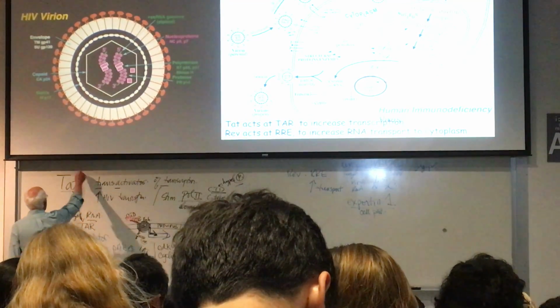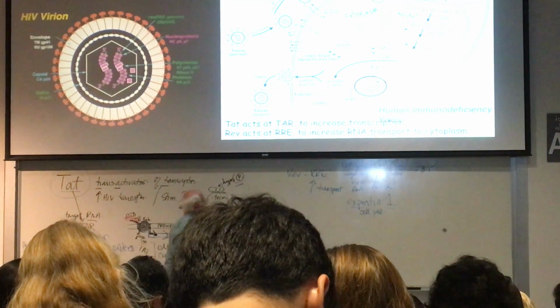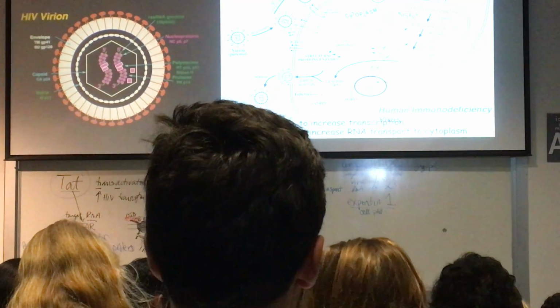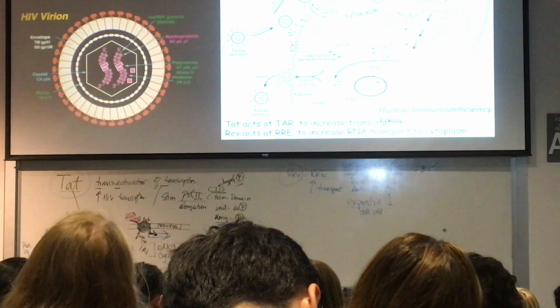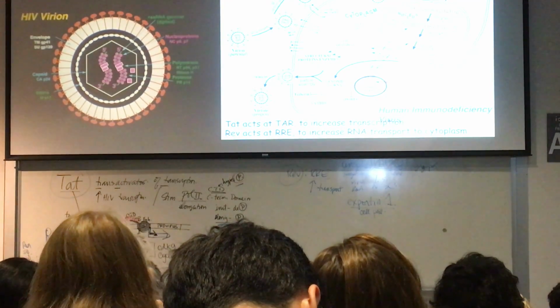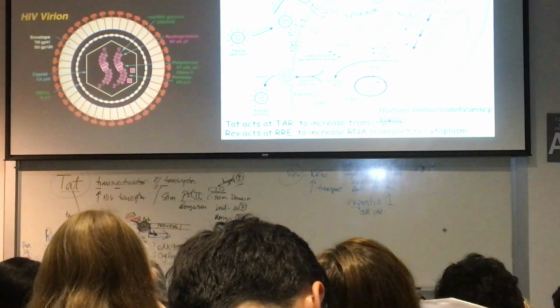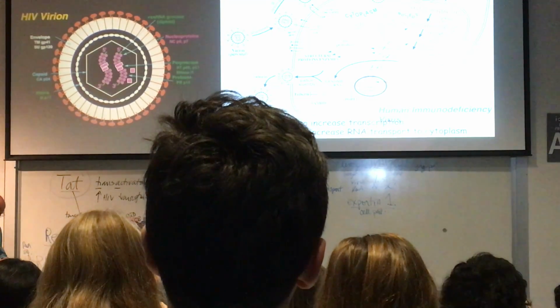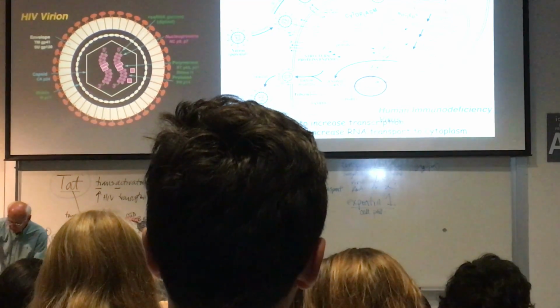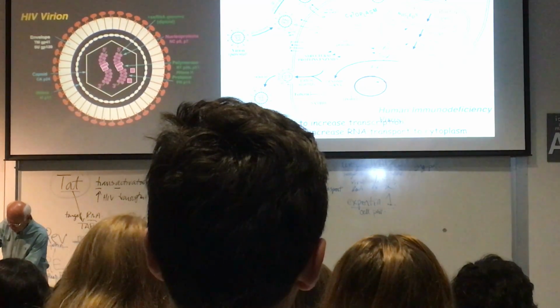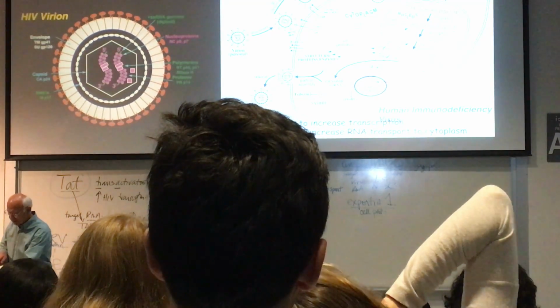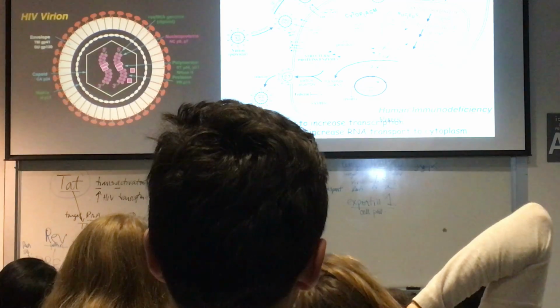Okay, so TAT and REV both are regulatory gene products of the virus that increase multiplication by increasing expression ultimately of the components that we need to make progeny virions.